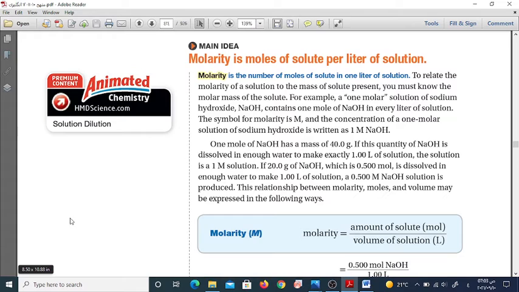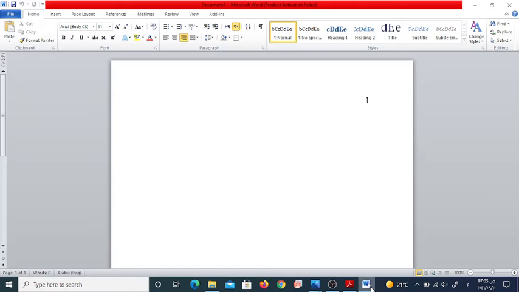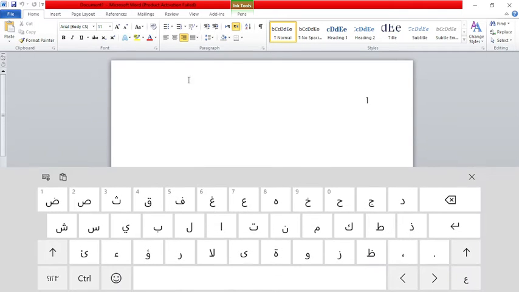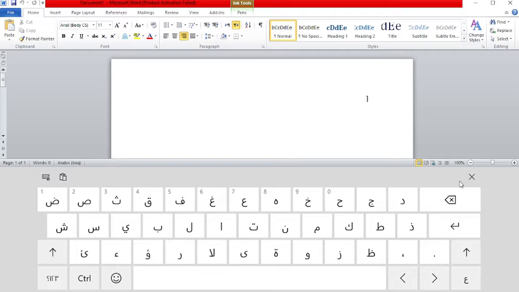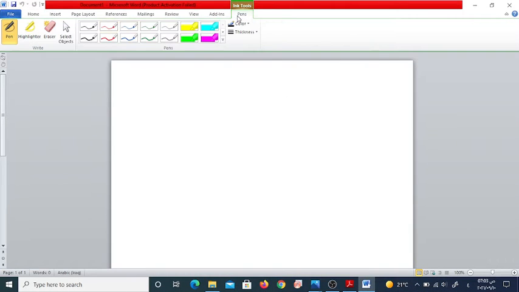Molarity is moles of solute per liter of solution. That is the amount of solute in moles divided by the volume of solution. You should already know how we can calculate the number of moles.